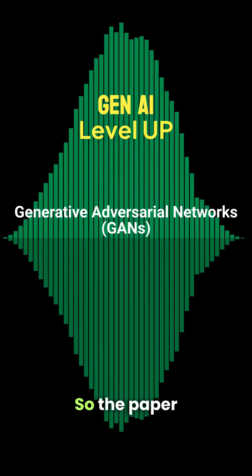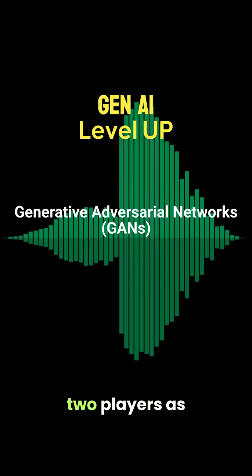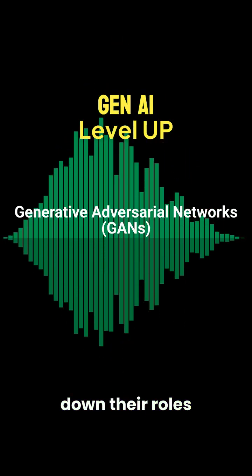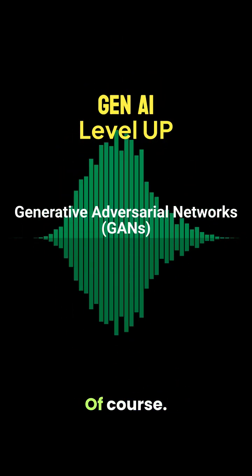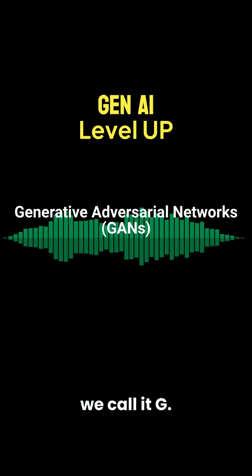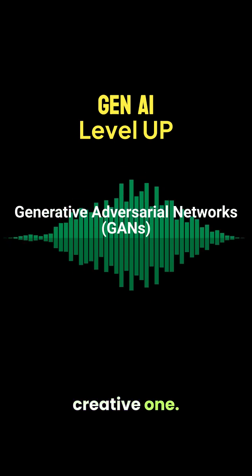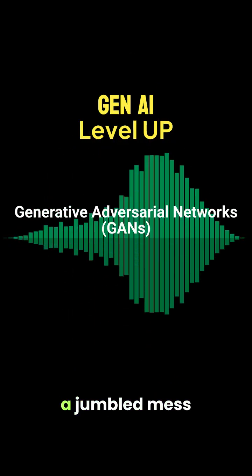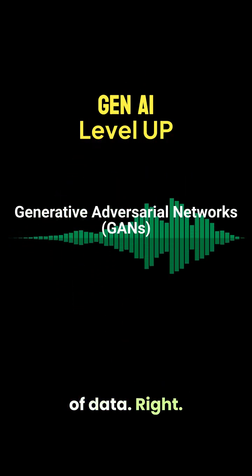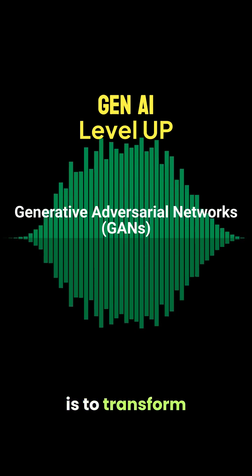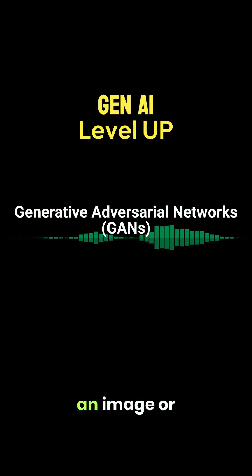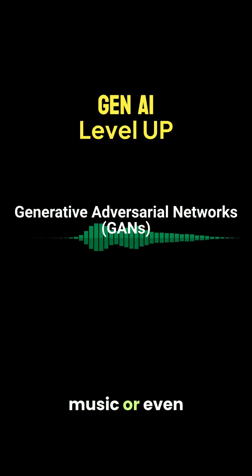Oh, that's interesting. So the paper refers to these two players as the generator and the discriminator. Can you break down their roles a little bit more? Like, what does each one do? Of course. So the generator, we call it G, that's the creative one. It starts with random noise. You can almost think of it as just like a jumbled mess of data. And its job is to transform that noise into something that resembles real data, like an image or a piece of music or even text.